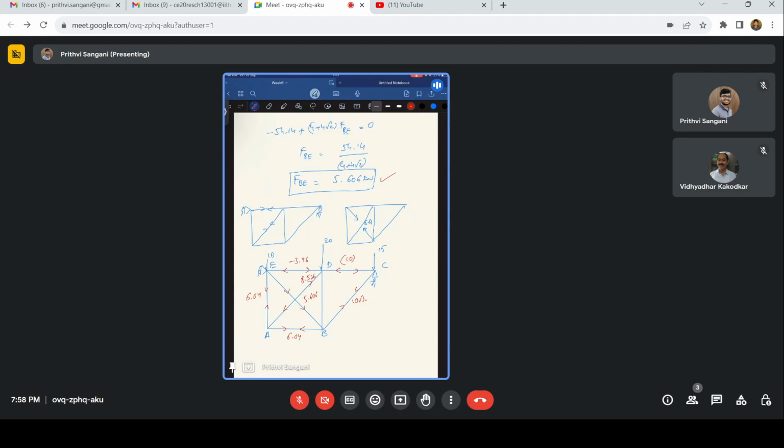Sometimes you may have variations in the temperature. So because of that temperature there can be some thermal strains, right? If the temperature is increased, the members can expand. If the temperature decreases, the members can contract.